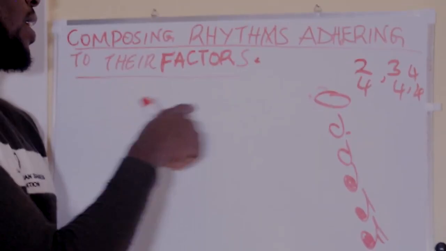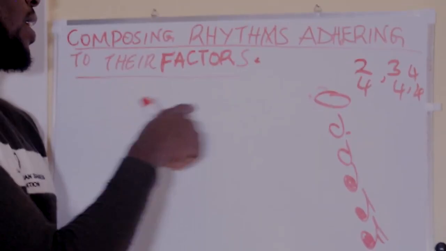Then we can have a semiquaver and a crochet. If we do our mathematics, this is 2, 1 plus 1, 2, 1 plus 1, again you get 2, a half plus a half plus 1, you get 2. So this bit is balanced already, okay?